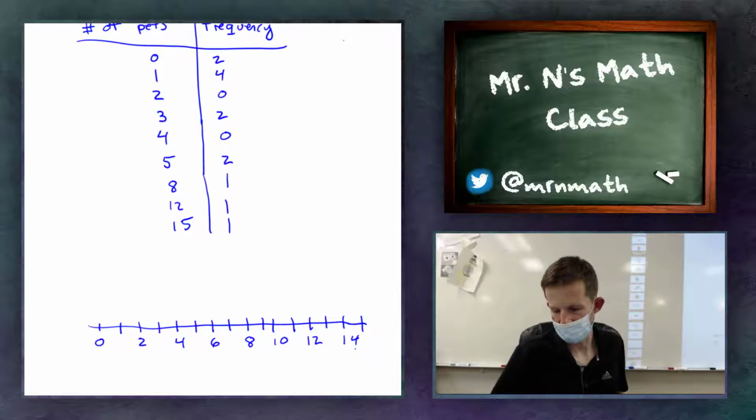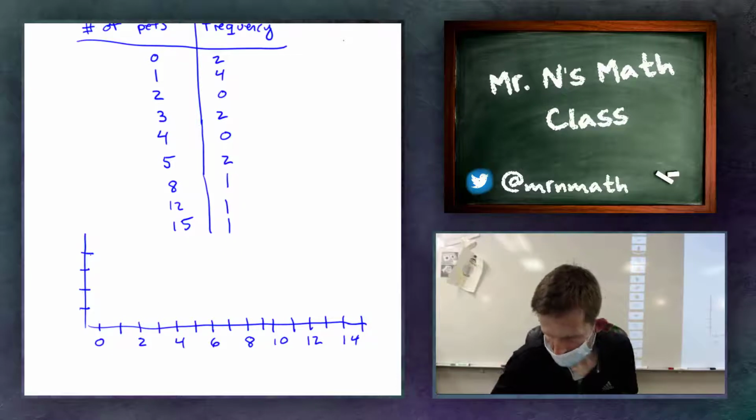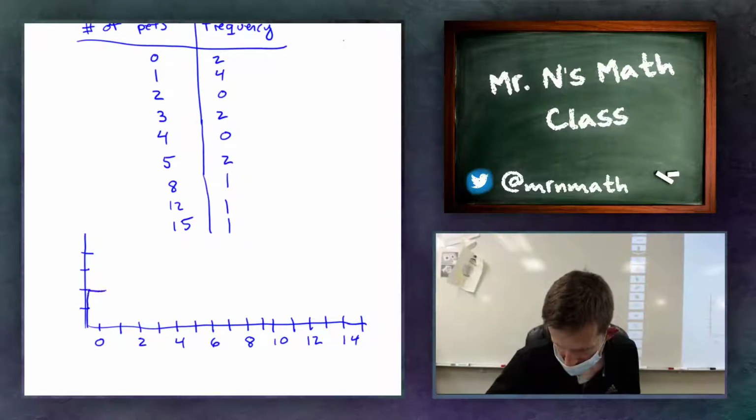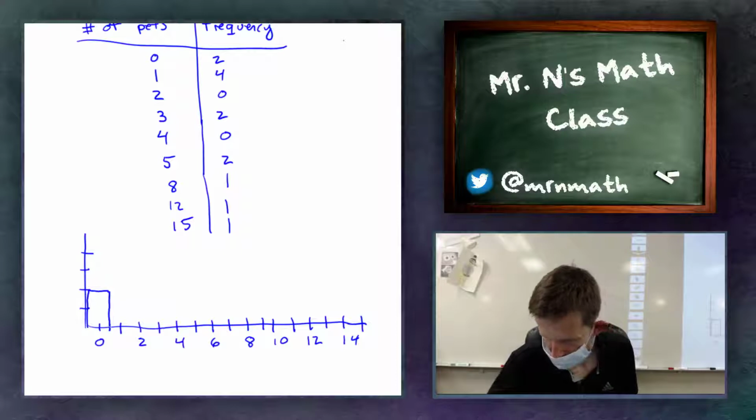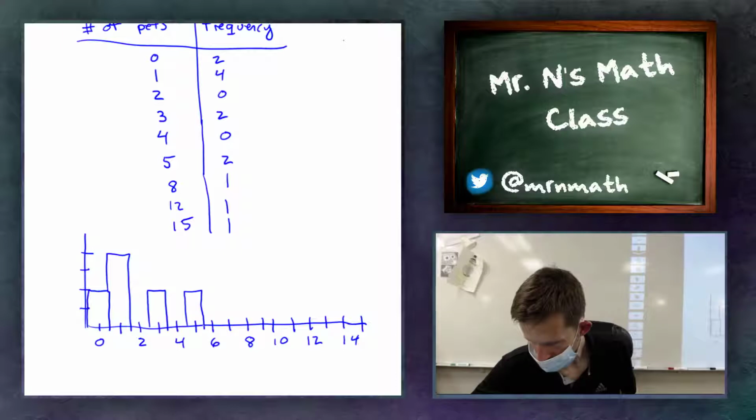So I'm going to make a histogram. 2 people have no pets. 4 people have 1 pet. No one has 2. 2 people have 3 pets. No one has 4. 2 people have 5 pets. One has 8. One has 12. One has 15.